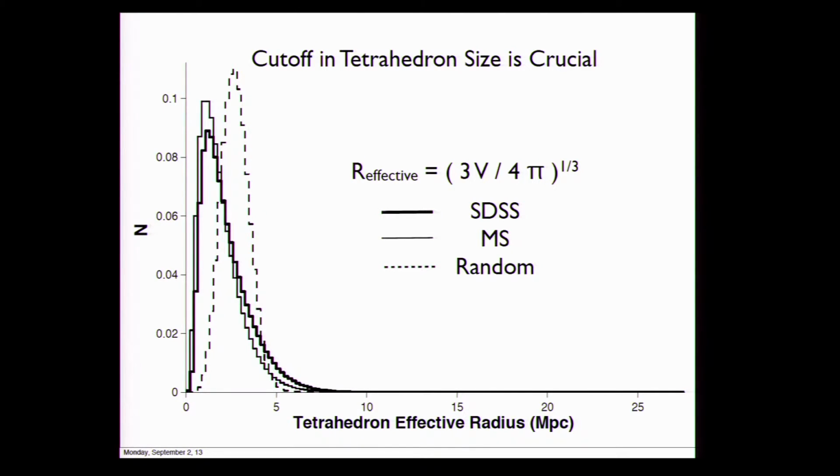And the first thought was that if you look at the distribution of the sizes, volumes or radii, effective radii are defined here in terms of the volume, looking at the distribution would give you a way of deciding where to cut off the distribution and look at the high end of that.